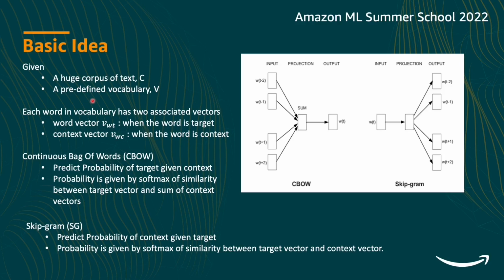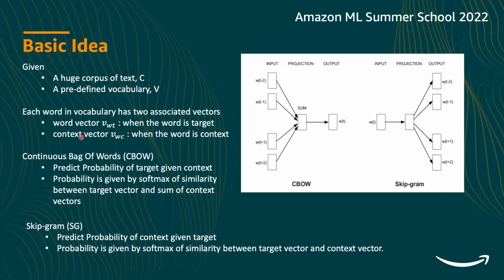So basically we learn two matrices, one for word vectors and one for context vectors, both of equal size N by d. N is the number of words in our vocabulary and d is the dimension of the word representations.